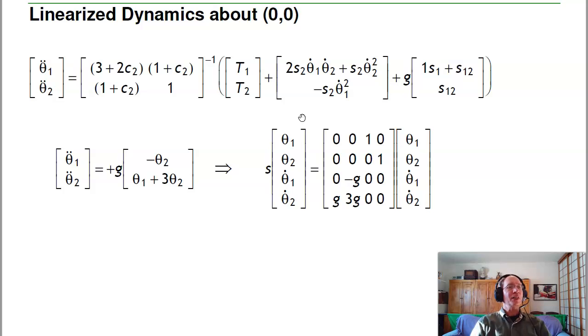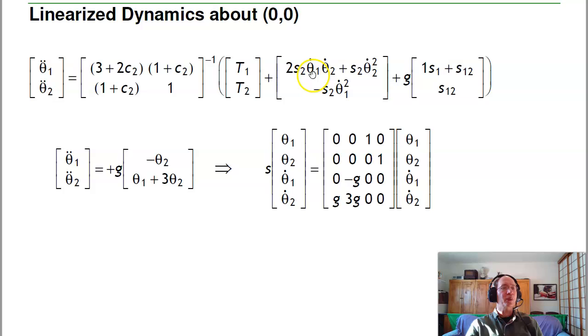Suppose I want to find the eigenvalues of this system. Now, eigenvalues only apply to linear systems. This is highly nonlinear, so I can't really say eigenvalues with it. But what I can do is pick an operating point and linearize about that operating point. If I linearize about 0, 0, which is the arm pointing straight up, then I assume theta 1, theta 2 is roughly 0, velocity is roughly 0, and all these higher order terms go to 0.